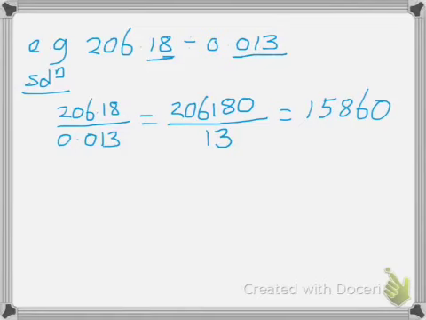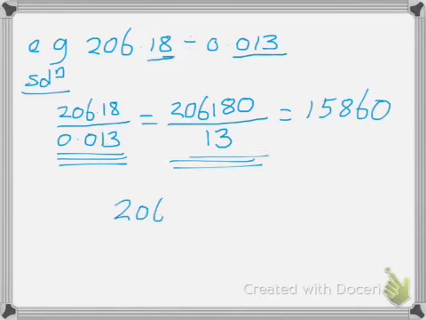Okay, so quite a difficult one when it comes to division. You can of course do this with long division if you wish, or you could try it with short division, but it's going to be very hard. So I would do 206,180 divided by 13 by short division. Okay, so 13 into 20 goes once, and I've got 7 left over. So 13 into 76 goes 5, and 5 13s are 65.